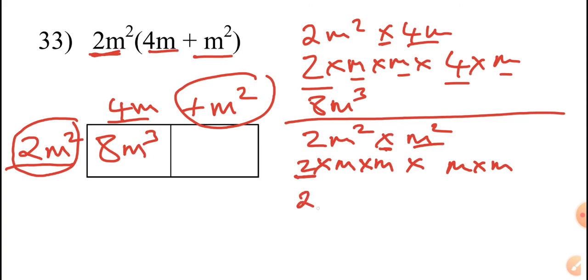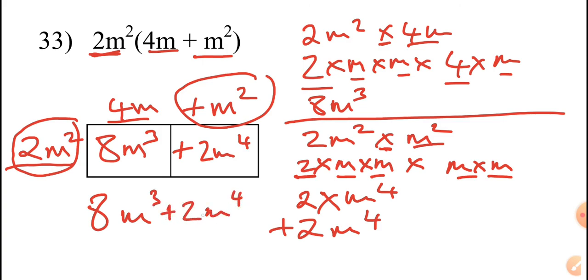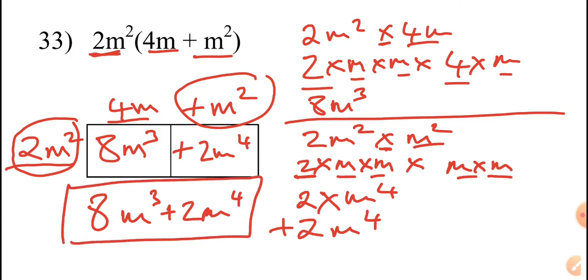So 2 times 1, 2, 3, 4, m to the power of 4, which we can just write as 2m to the power of 4, and it's positive. So write plus 2m to the power of 4. So the final answer will just be 8m to the power of 3 plus 2m to the power of 4. So this here is the final answer.